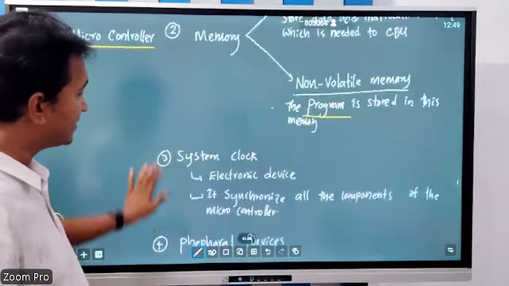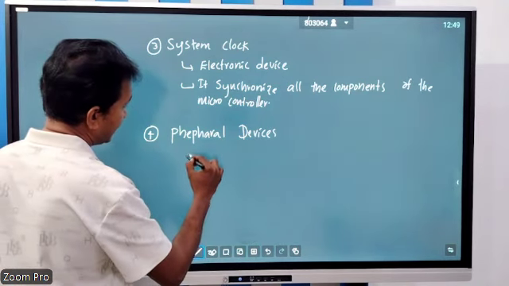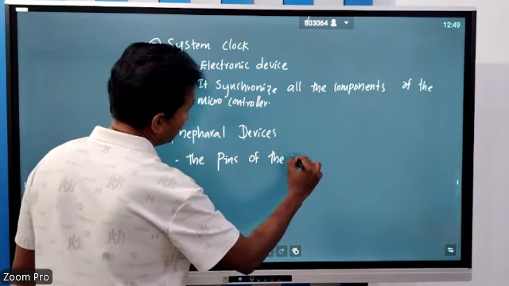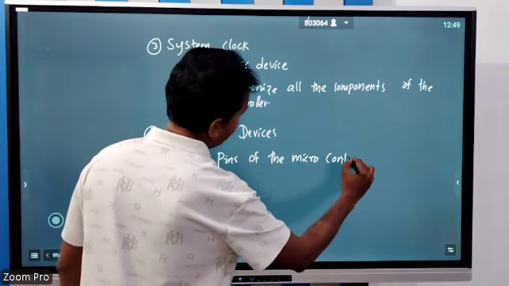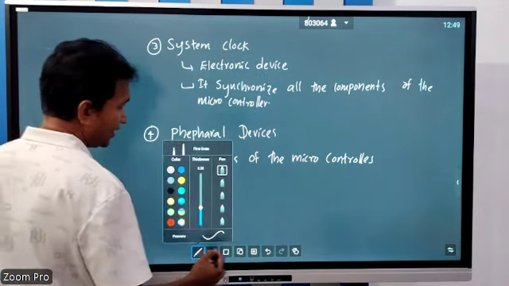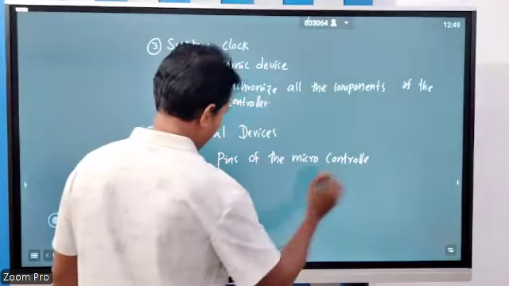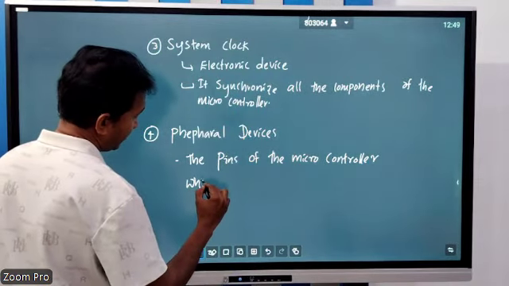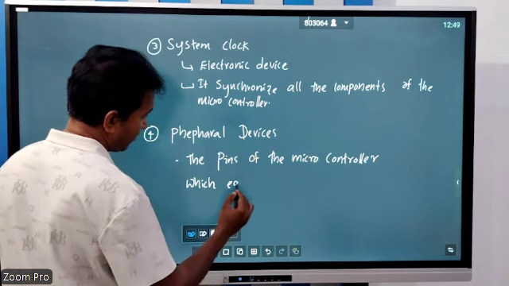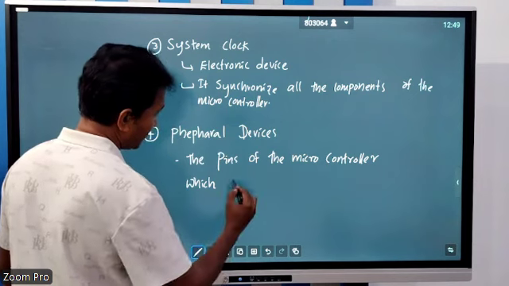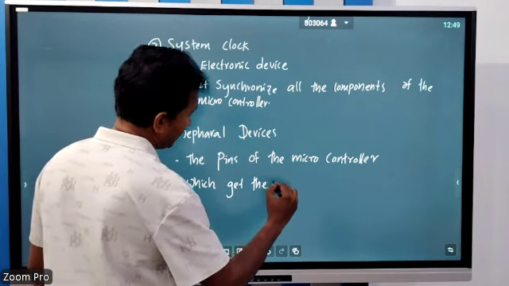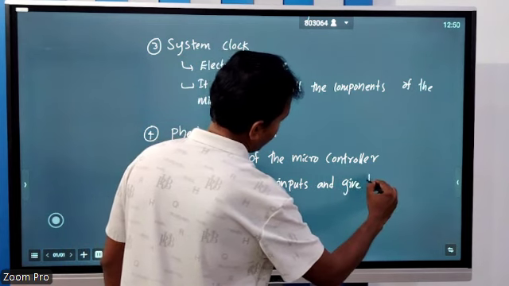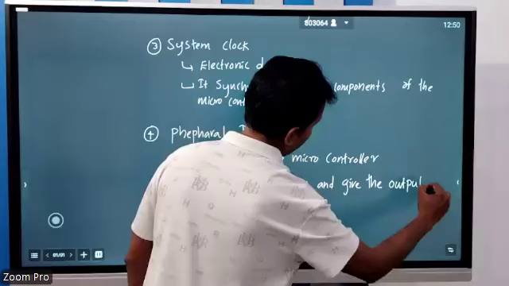Therefore, peripheral devices are the pins of the microcontroller which get the inputs and give the outputs, right?